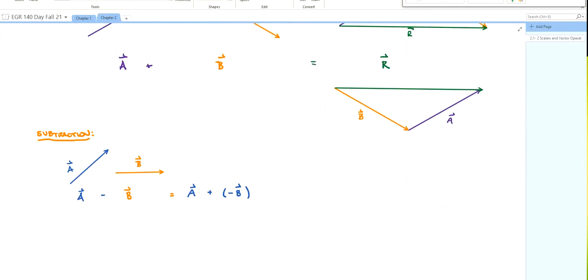So this equals then A in this direction, but now B is pointed backwards, is negative.